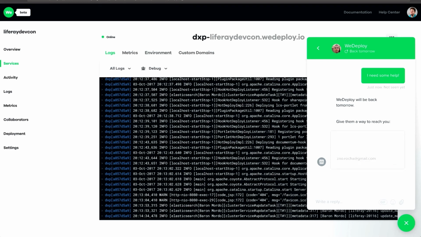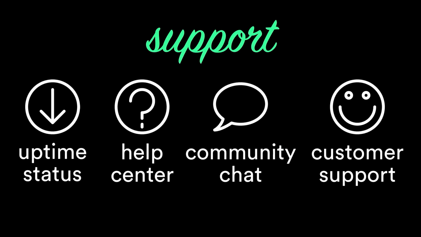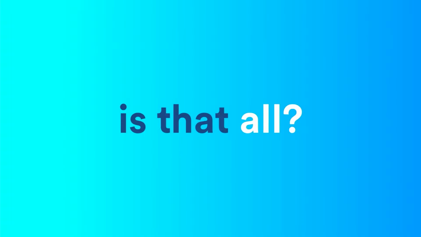It's like a chat inside the application, so you can see the response right away. So we have those 4 channels that you can get support: uptime status page, help center, community chat, and customer support. But is that all?